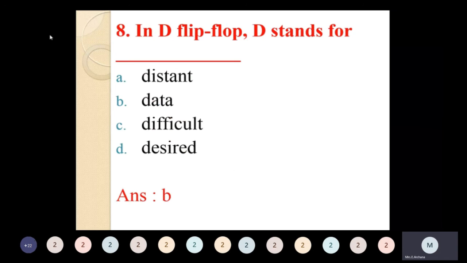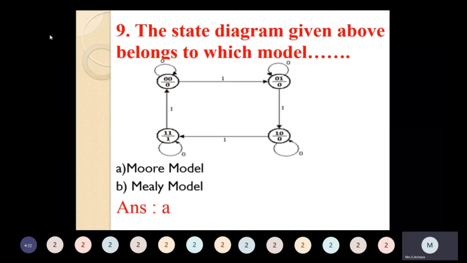D flip-flop stands for data flip-flop or delay flip-flop, and the state diagram represents the Moore model because the output when x is equal to 0 and x is equal to 1 does not change, so the output is represented inside the circle, that is inside the state, below the state name.